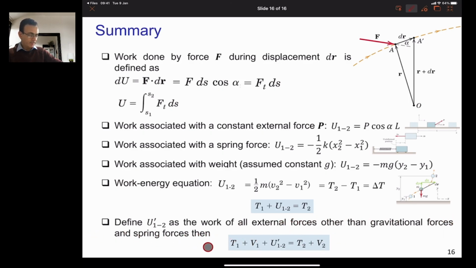So we write this equation: T1, which is the initial kinetic energy, plus V1, which is the initial potential energy, the combination of both gravitational and elastic potential energy, plus the work done between 1 and 2 by all the forces other than gravitational and spring forces, because V1 and V2 are taking care of the gravitational and spring forces. And on the right hand side you have T2, which is the final kinetic energy, and V2, which is again the potential energy and is the sum of the gravitational potential energy and elastic potential energy.